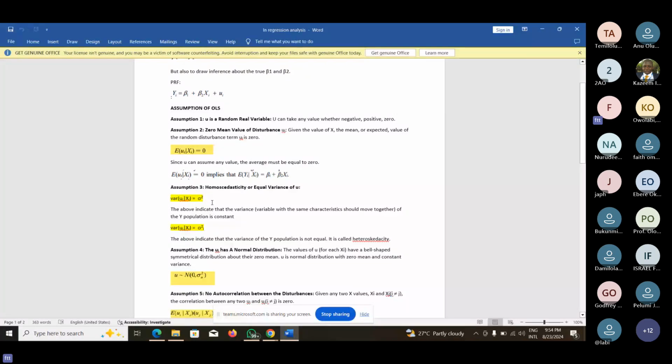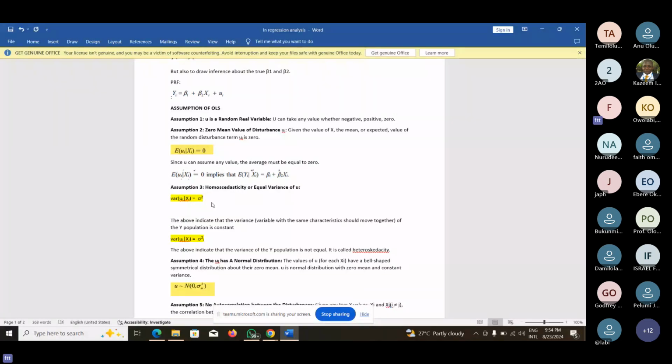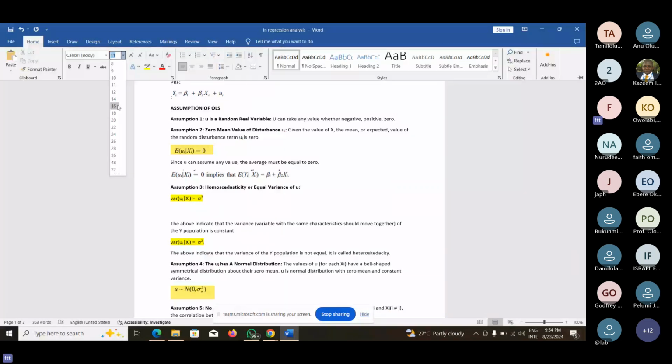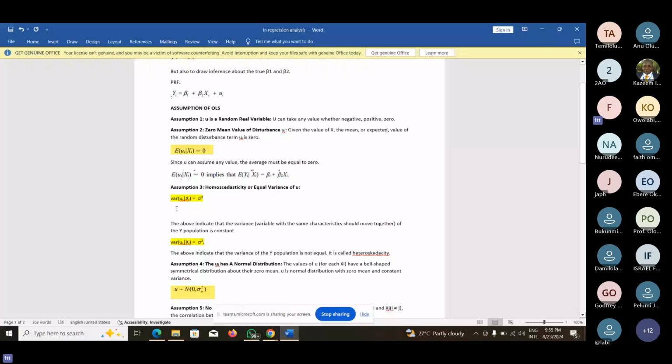Let's say our y is equal to, let's say our beta 1 is 2 plus 3 times, our beta 2 is 3.